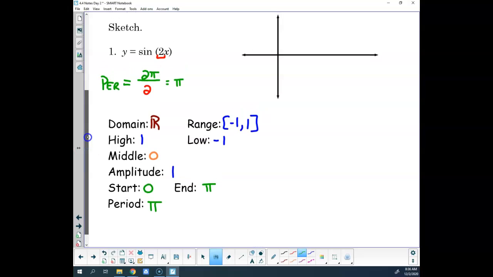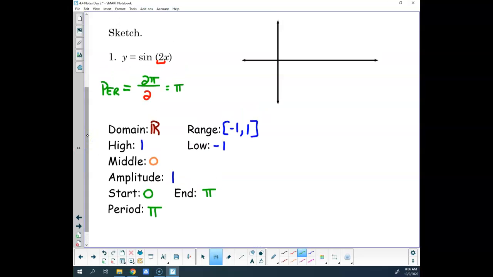Okay? So, sine curve, regular: middle, up, down, middle. Right? Vertically, we go from +1 all the way down to -1, with 0 being in the middle. Horizontally, we start at 0, correct? Where do we end?